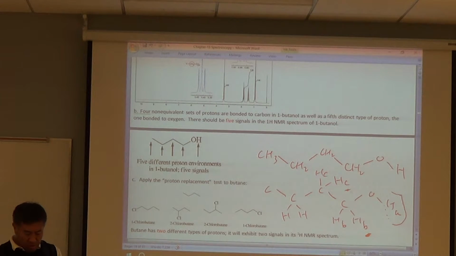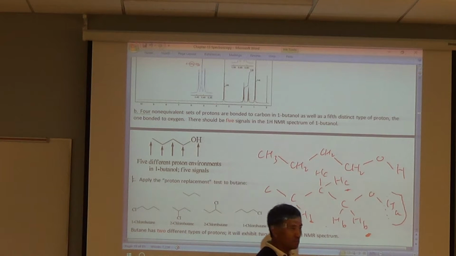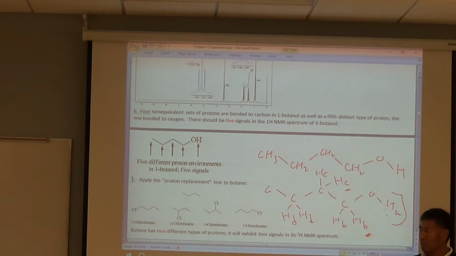And HC will have, so this D and D, even though C, B and D are really not the same, they are different, right? Because this D is far away from this oxygen, and B is closer.